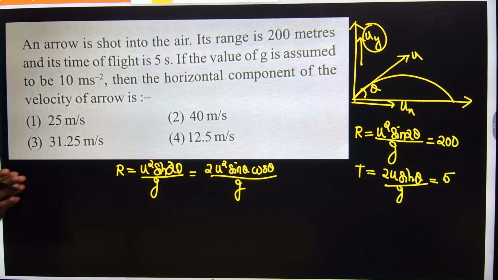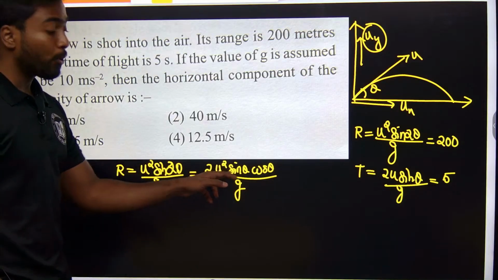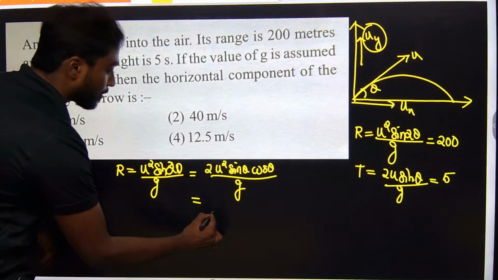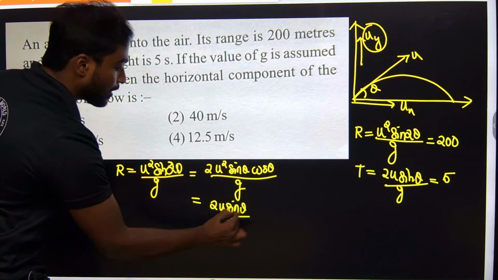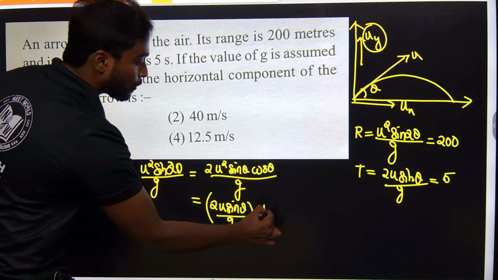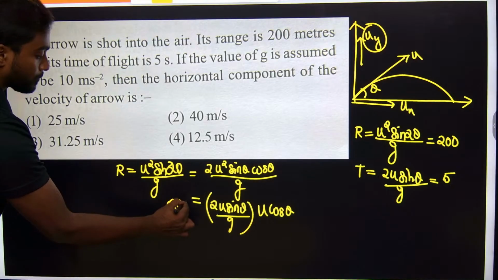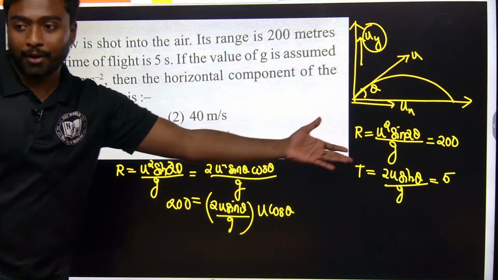Okay, let me write this as 2u sin theta by g, one thing, and remaining is u cos theta, which is equals to 200, right? And 2u sin theta by g is how much? 5.